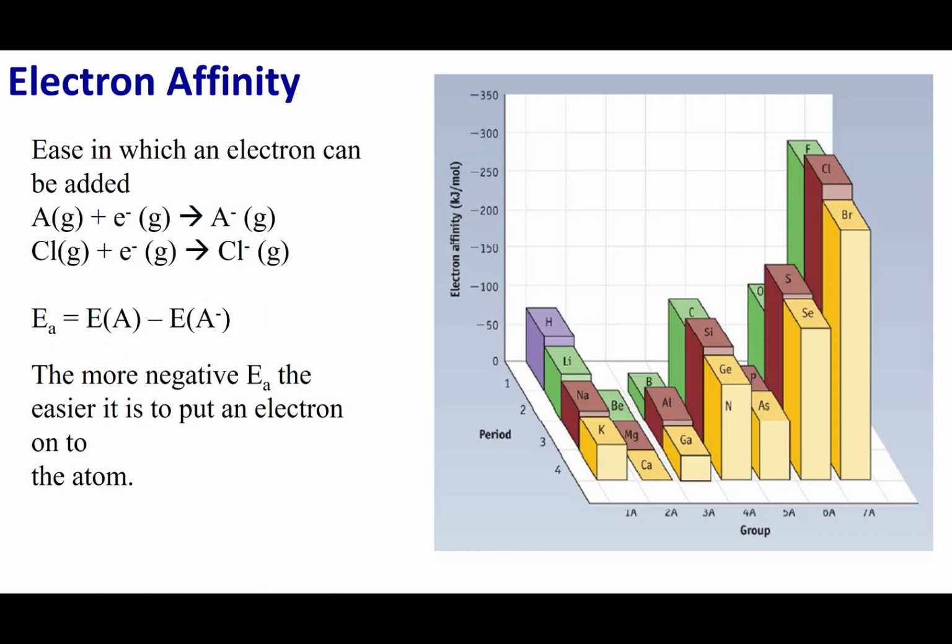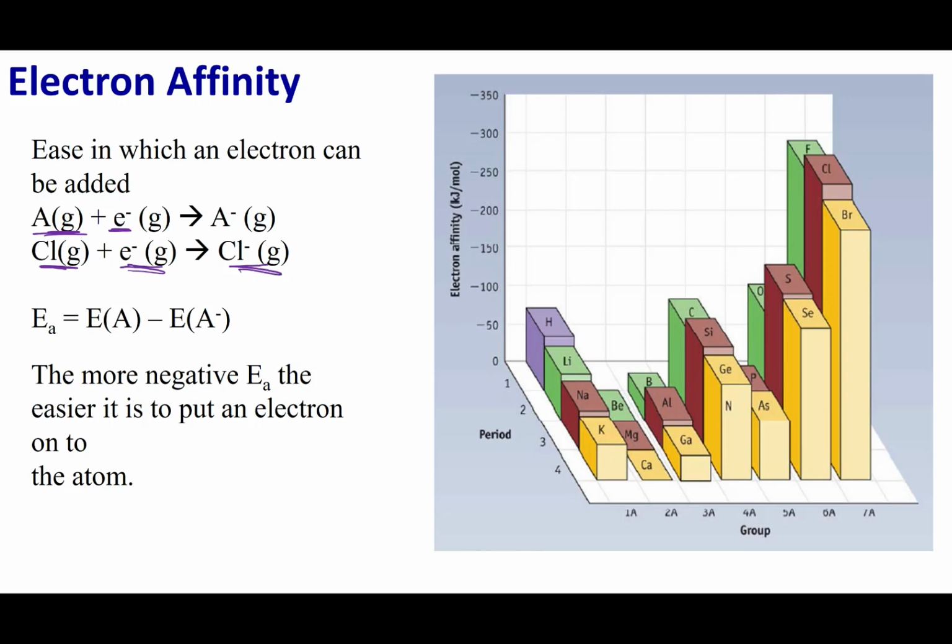The next periodic trend that I want to talk about is electron affinity. Electron affinity has to do with the reaction where I take an element and try to stick an electron onto that element. To give you an example, I can take chlorine in the gaseous phase and try to tack on an electron to make the chloride ion.